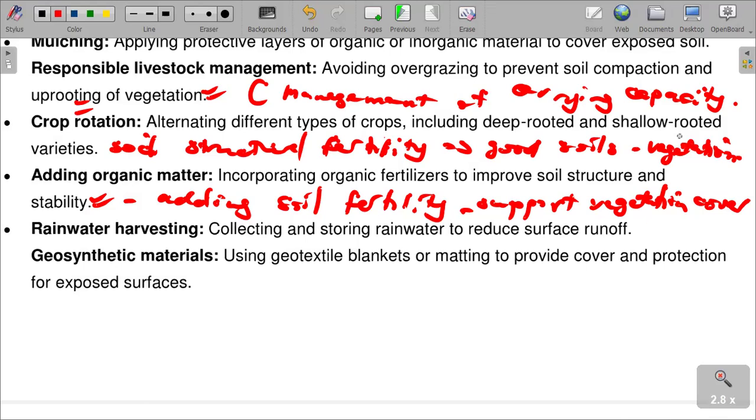And then finally, we can talk about geosynthetic materials, which has to do with using geotextile blankets or matting to provide cover and protection for exposed surfaces.